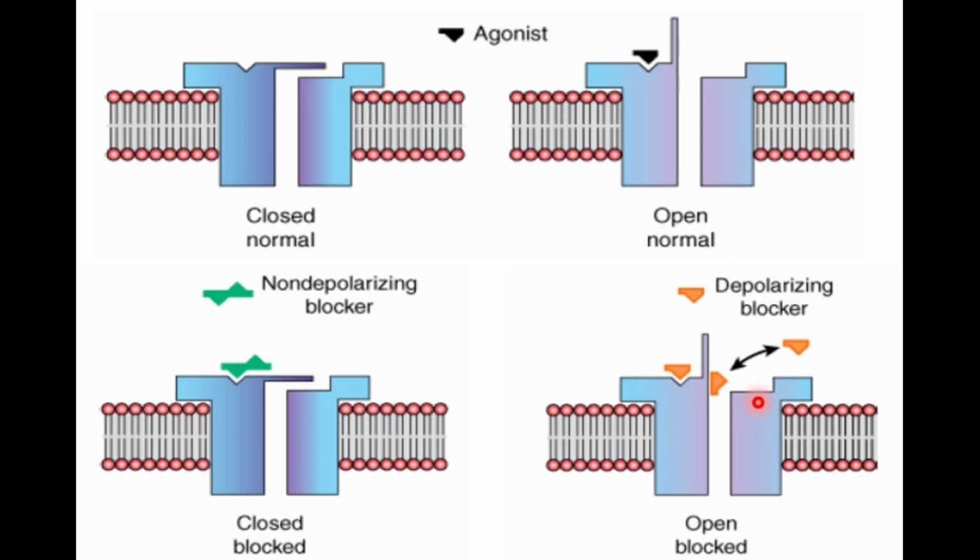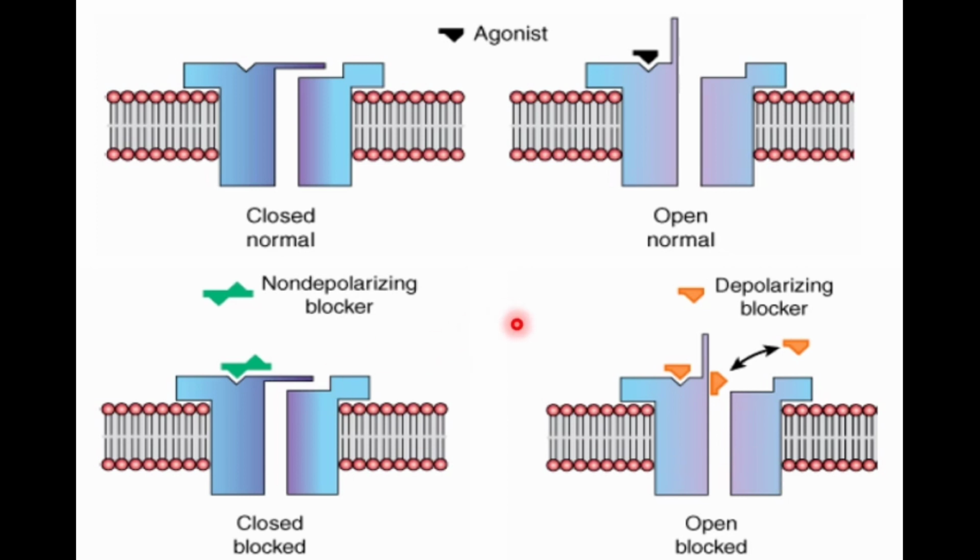On the other hand, depolarizing muscle relaxants like succinylcholine interact with the receptor and the channel opens and remains open, therefore causing depolarizing block, as we explained in detail in the previous lecture.